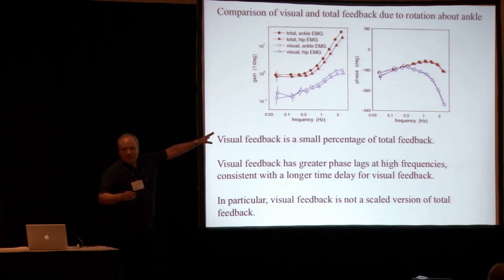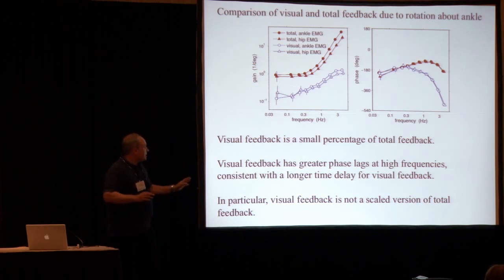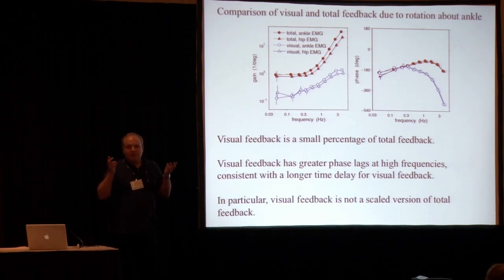So you can basically see from this that vision has a constraint that makes it less useful at high frequencies. So one conclusion is that visual feedback is not a scaled version of total feedback, because vision has different properties from the other modalities. So you don't want to just use it in the same way you would use proprioception, for example.